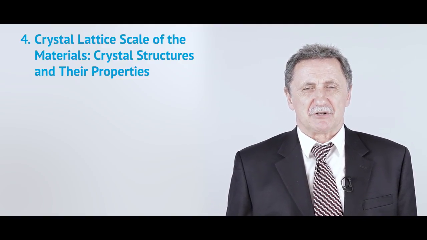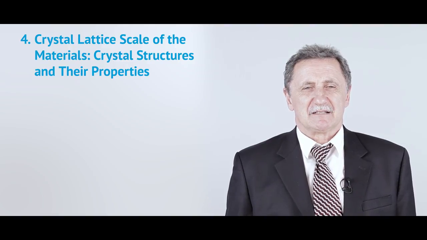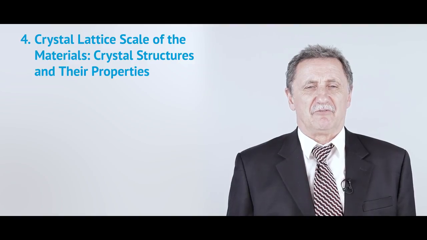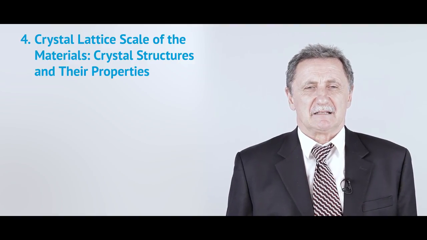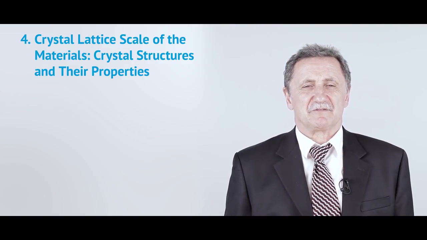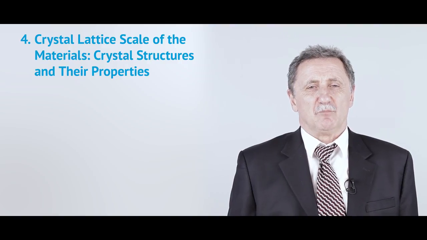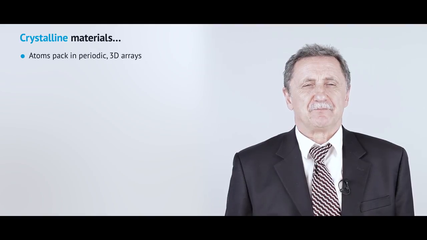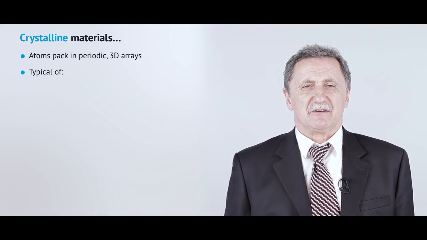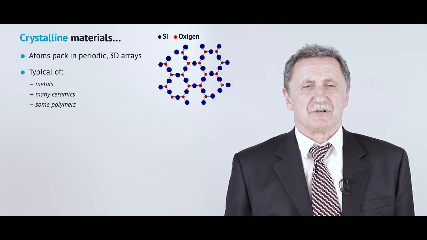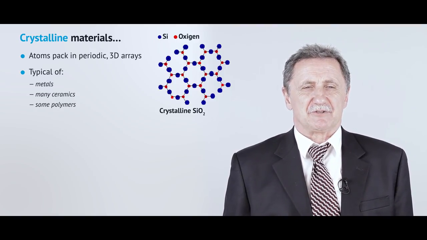So in this lecture, I will introduce some very basics of the crystal structure level of materials, and then we will consider several examples of how this level of structure, which is now on the order of 10 and more angstroms, defines the material properties.